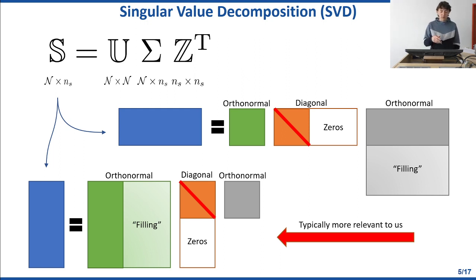The relevant one is the one on the bottom, because typically we have many more degrees of freedom than we have snapshots. So the first one is, in that case, a very big square matrix. The last one is a relatively small square matrix. And the middle one is a stretched matrix, which is diagonal, and we interpret that as illustrated here: we only have values when the row and the column are the same, which means that at the bottom it has a bunch of zeros.